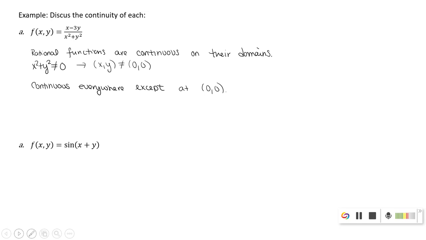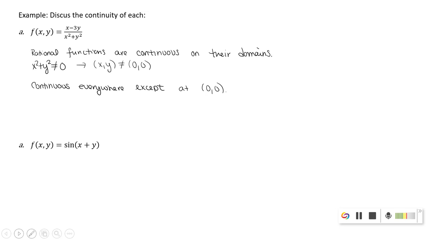Because when you square a number, you always end up getting a positive or maybe 0. And so the only way you can add together two squares and get 0 is if they're both equal to 0. So both x and y have to equal 0 for the denominator to be 0. So that means this function is continuous everywhere except at the point 0, 0, because that point is not in its domain.